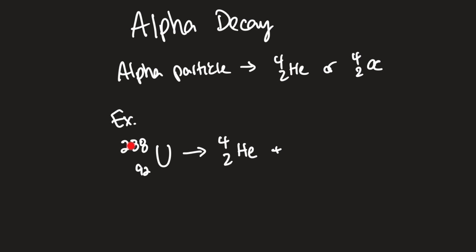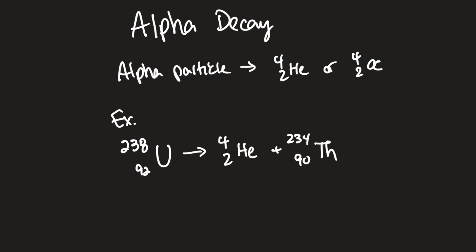Since we emitted four nucleons, this is going to be 234. And since the left side is 92, the right side must equal 92, so it is 90. You look in the periodic table, find element 90, and you see that it's thorium.